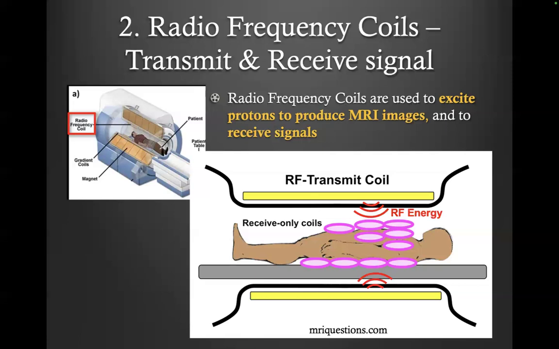In order to excite and start to get MRI signals, you deposit a lot of radio frequency energy into the body, and then you receive signal from your body. That is the MRI signal that you are acquiring. All these radio frequency coils, especially the transmit coil, could cause heating problems.